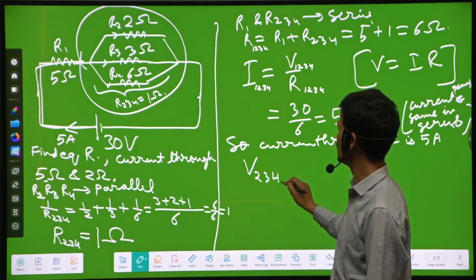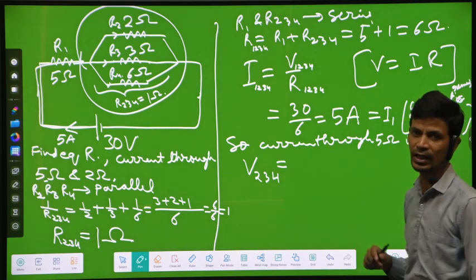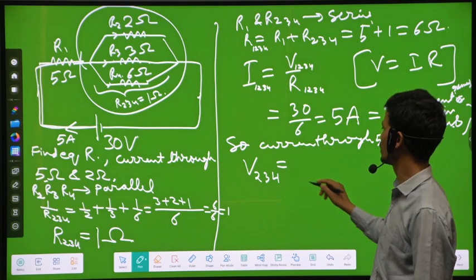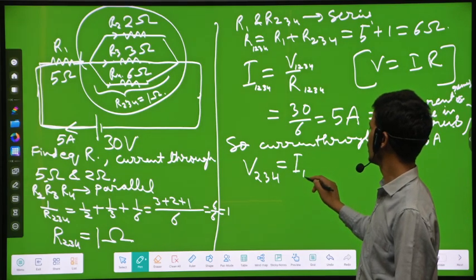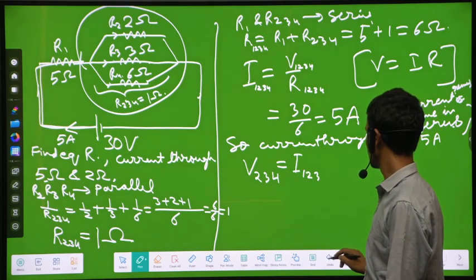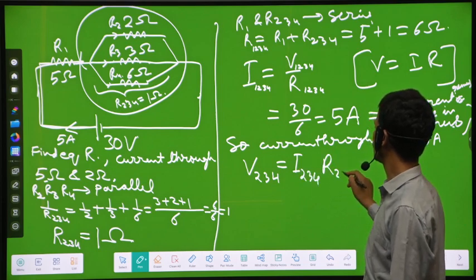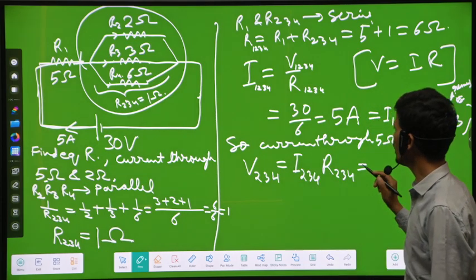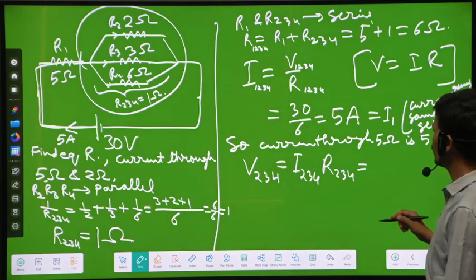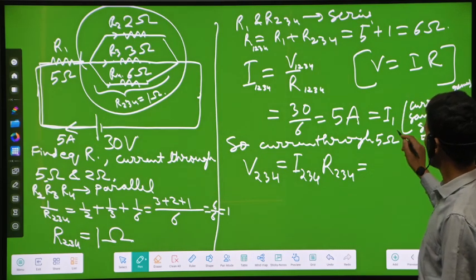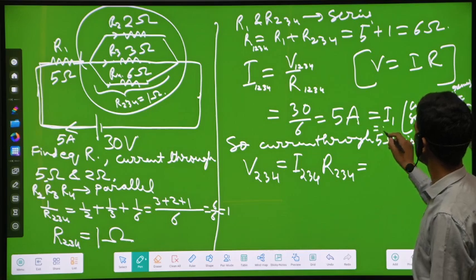We can find this. What is the advantage of that? I will explain later. V equals I times R, I234 and R234. I234 is the same as this I1.